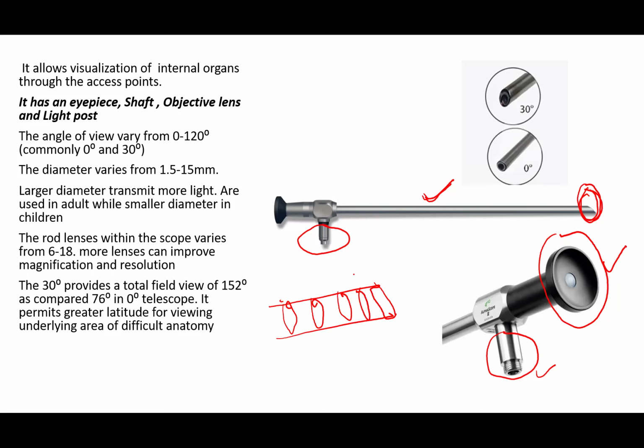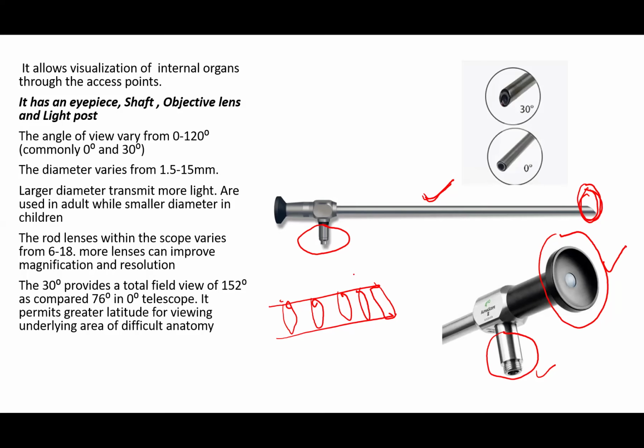More lenses can improve magnification and resolution. So if you have a telescope with more rod lenses, they have better magnification and resolution than those laparoscopes with fewer rod lenses within them.